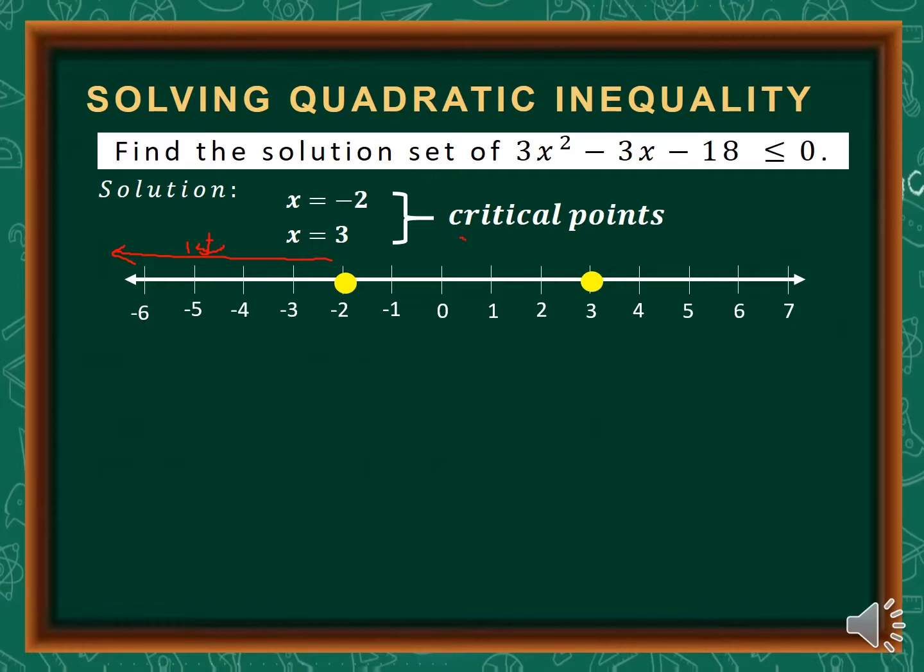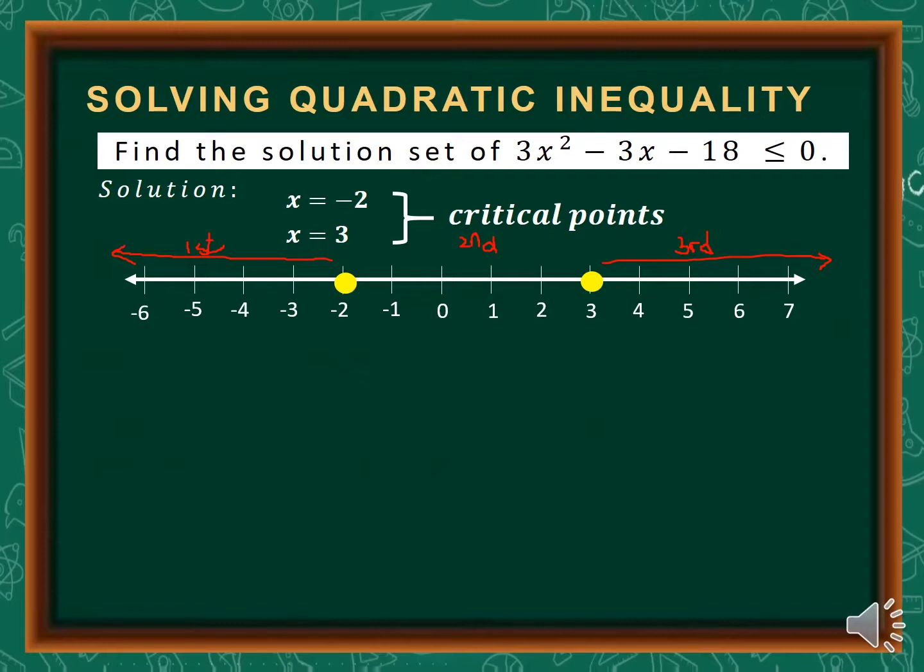So, this is our second interval. Now, for our third interval, we have mula dito kay 3 papunta into infinity, papunta sa right side natin. And this will be our third interval. So, nakabuo ngayon tayo ng tatlong intervals from our 2 critical points. Now, what are we going to do next?